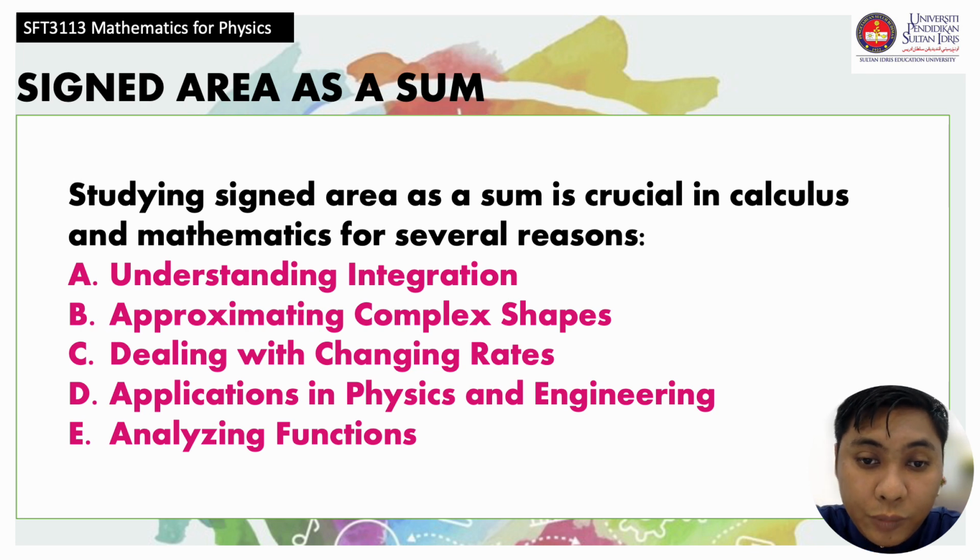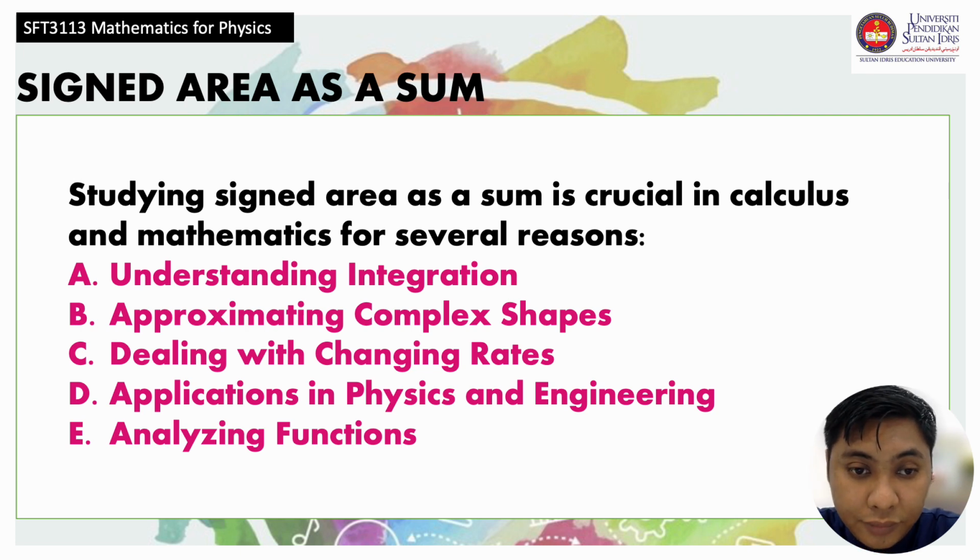Then we will try to approximate a complex shape. In nature we have different types of shapes, and sometimes the shape we find is very complex, so we usually use maths to calculate the area of the shape itself.